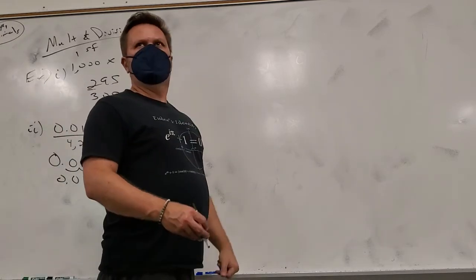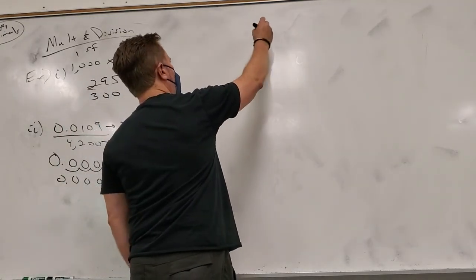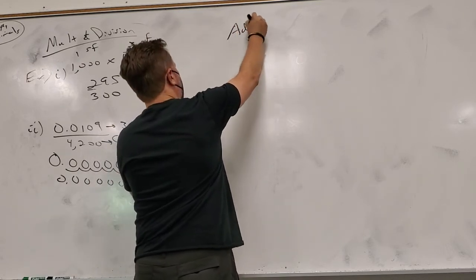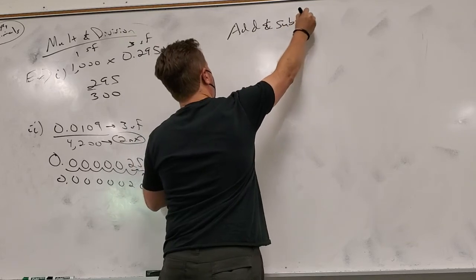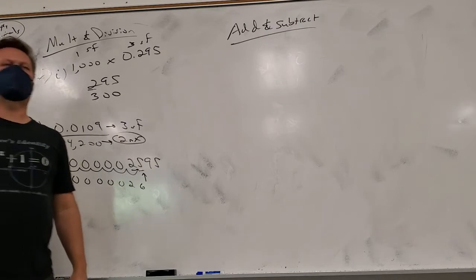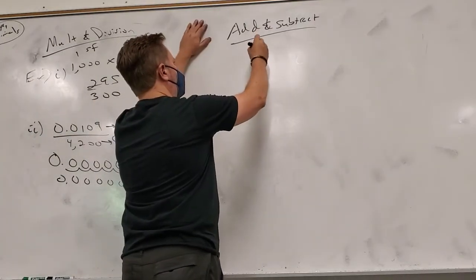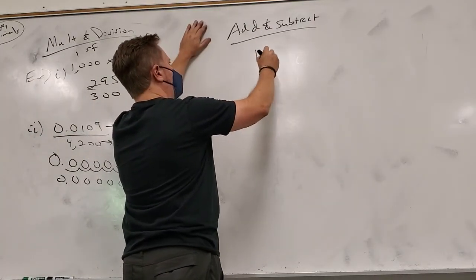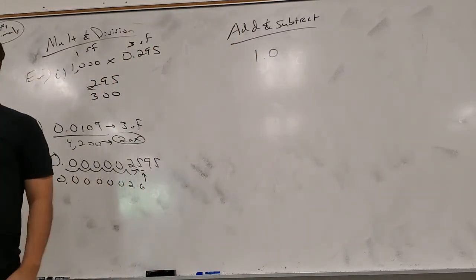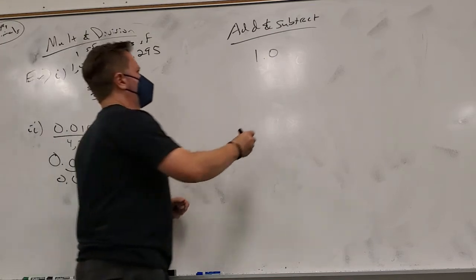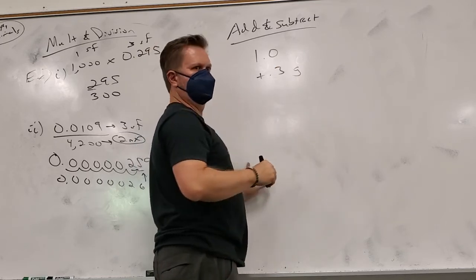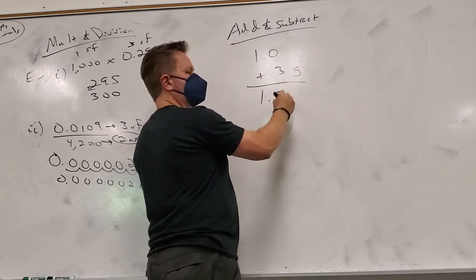So the reason the rule for addition and subtraction can't be the same as multiplication and division is, what if I had 1.0 grams, and I add 0.3 grams? So that's 1.3 grams, yes?